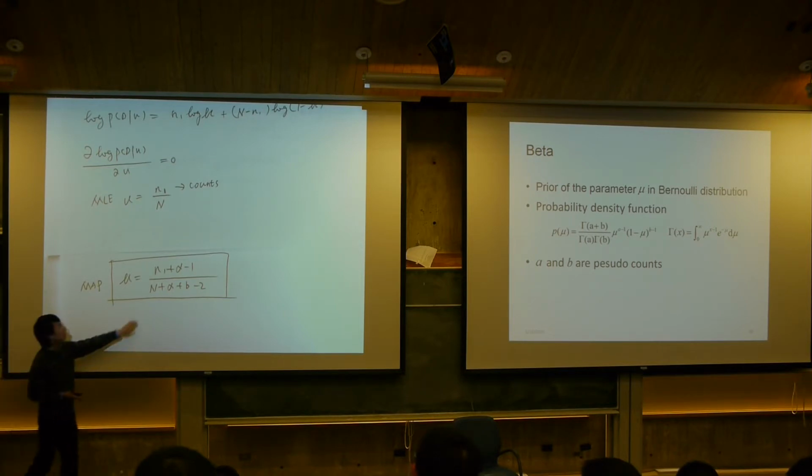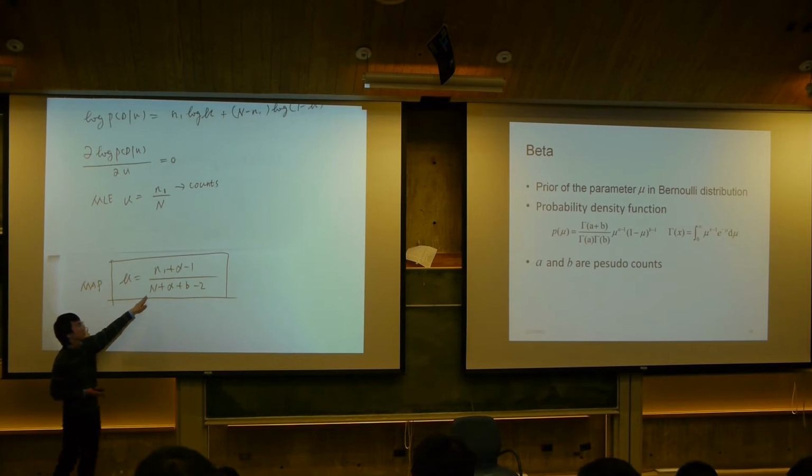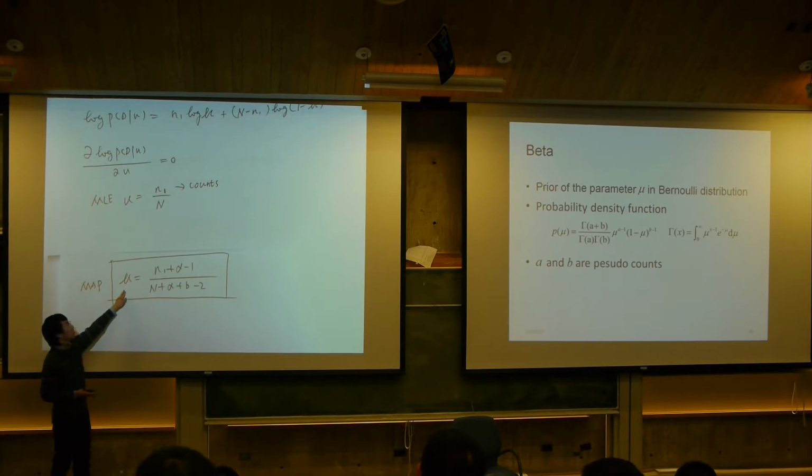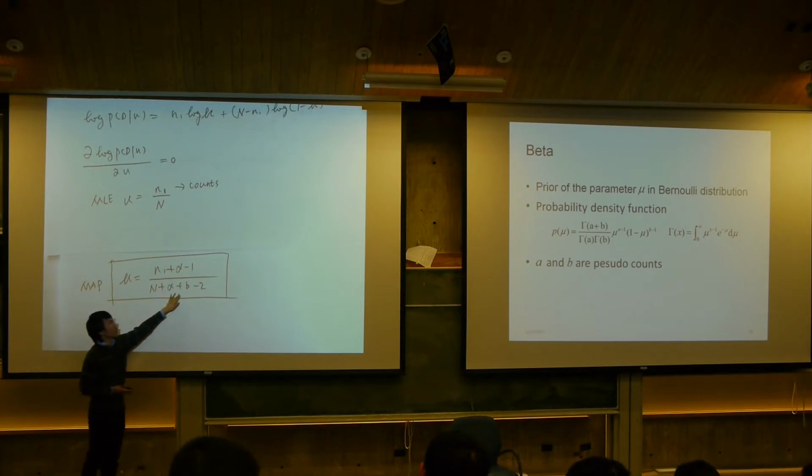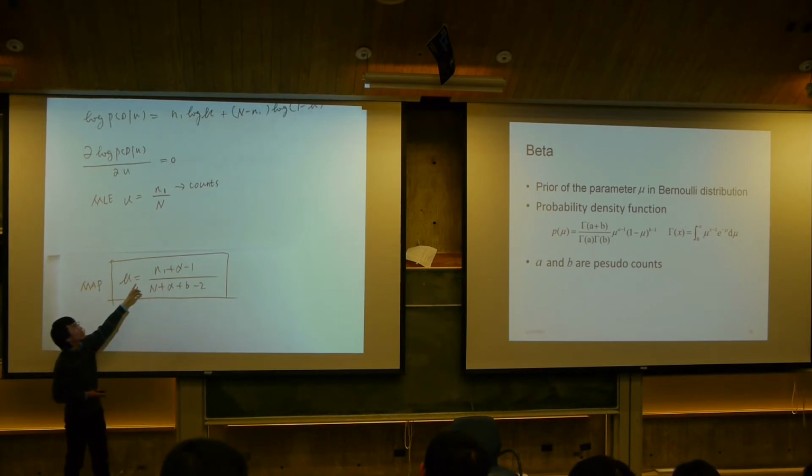So suppose, in the extreme case, we observe no data, which means that both N1 and capital N are 0. We still get a reasonable quantity, which is (A minus 1) over (A plus B minus 2). So you can regard this as something like the counts we talk about in the data.